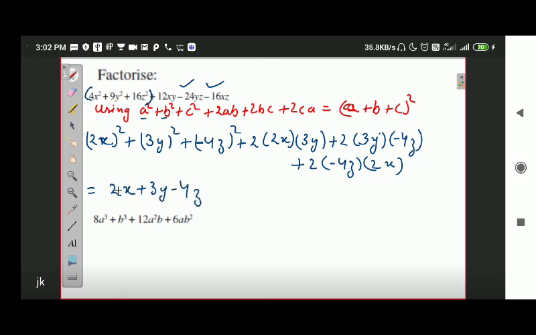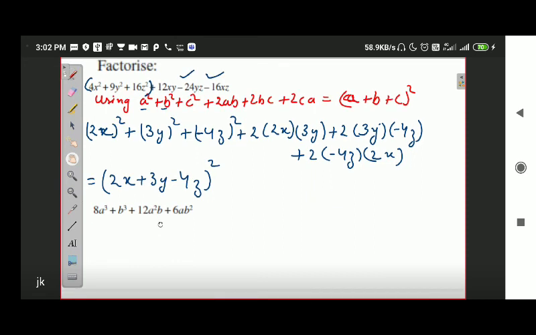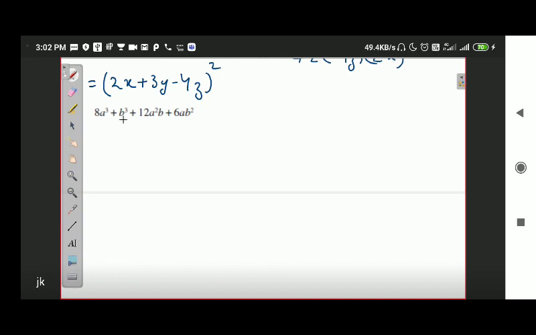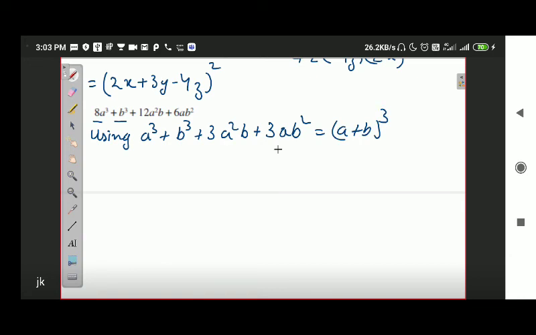Fine. In the same manner, you can also do it with cubic polynomials. So with a cubic polynomial, you have 8a cube plus b cube. So we have two terms of whole cube and other terms. So we are going to use a cube plus b cube plus 3a square b plus 3ab square is equals to (a + b) whole cube. So in place of a we have 8a cube, in place of b we have b cube, and so on.